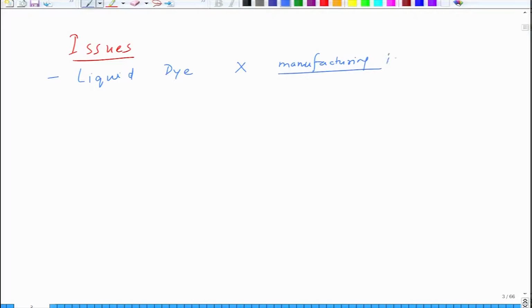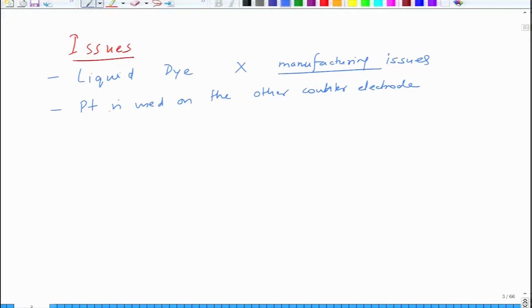Then on the counter electrode on the other side, platinum is used to improve the dye regeneration and redox reaction efficiency.